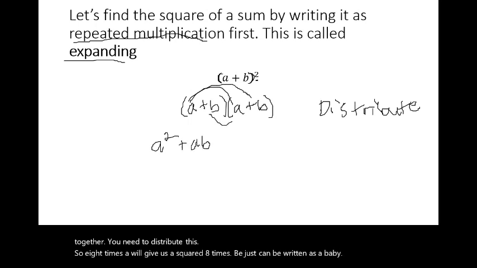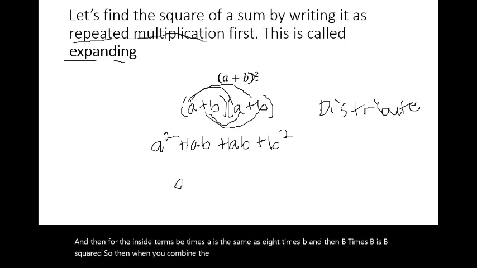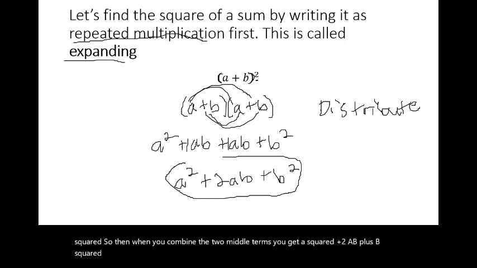And then for the inside terms, b times a is the same as a times b. And then b times b is b squared. So when you combine the two middle terms, you get a squared plus 2ab plus b squared. That is how you square a polynomial.